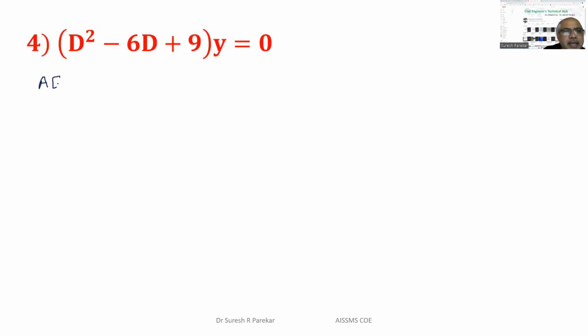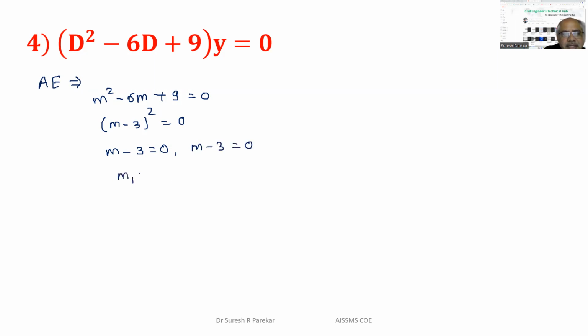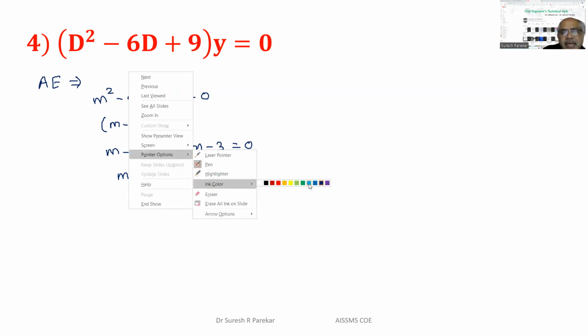Now we have the auxiliary equation for this, that is m square minus 6m plus 9 equal to 0. And simply we can write (m minus 3) whole square equal to 0. So we have m minus 3 equal to 0. We have the square. So this is the case where we have m1 equal to m2 equal to 3. And if you remember, for the complementary function, this is case 2.